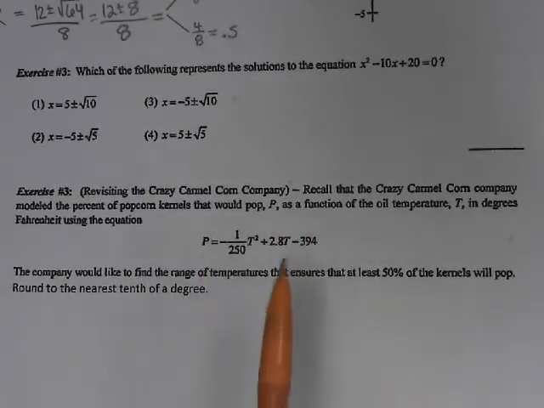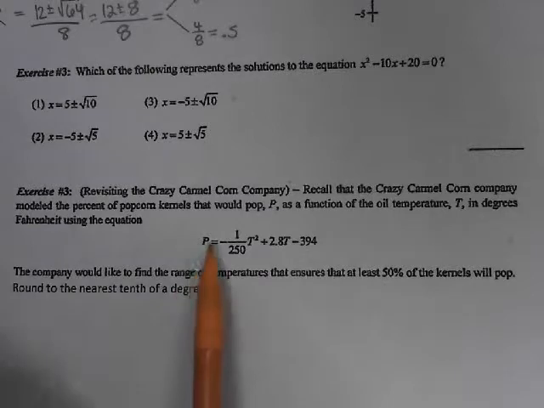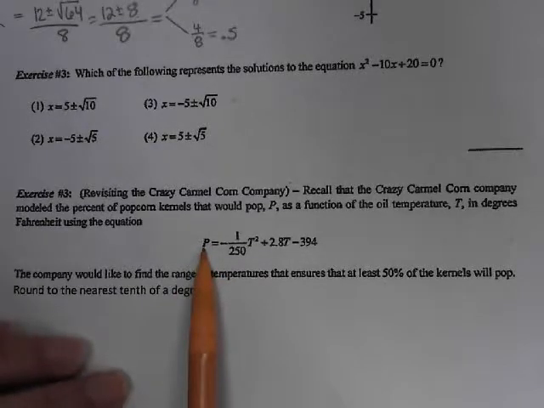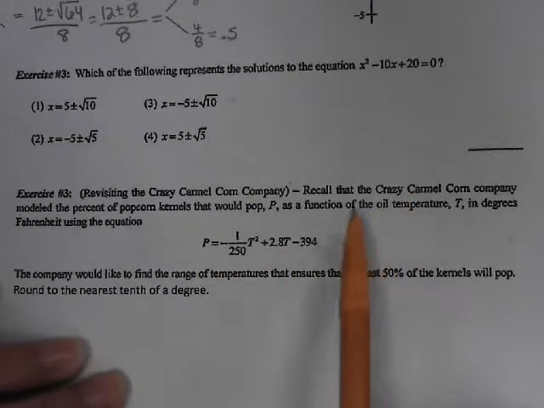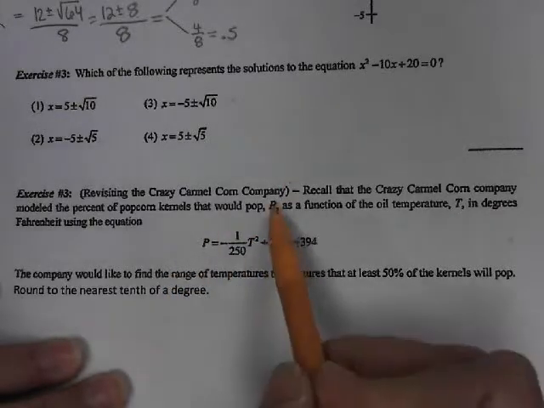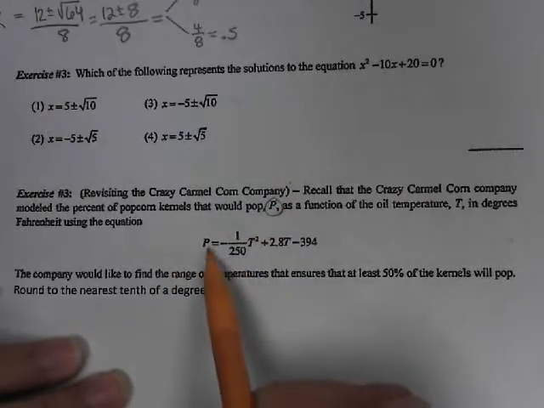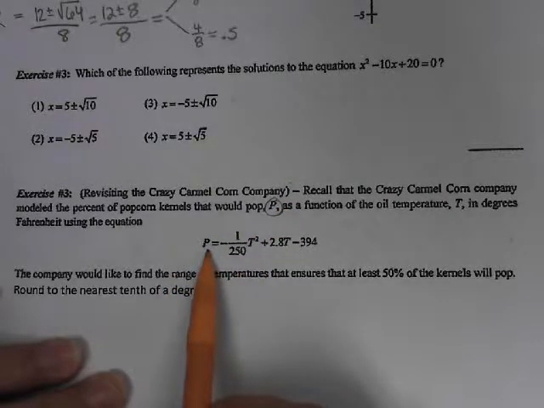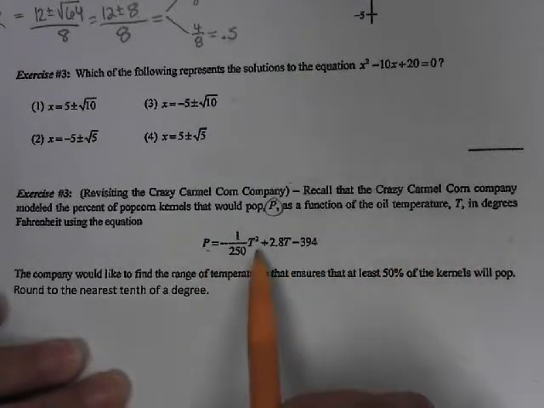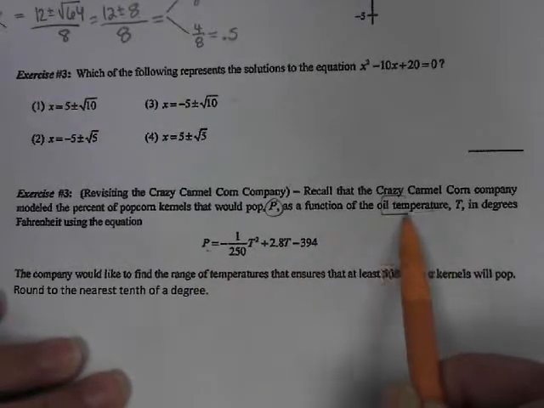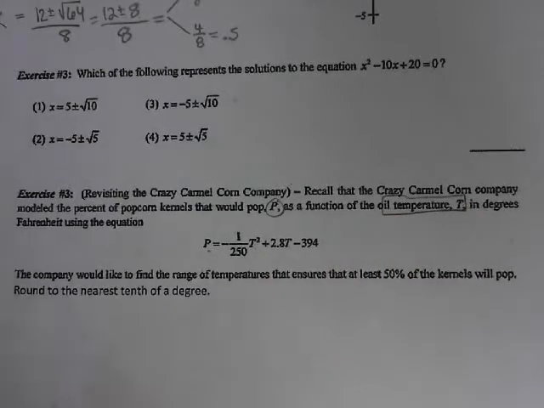So we're given an equation that actually has meaning to it. P is the percentage of popcorn that gets popped as a function of T, the oil temperature. It says that we're revisiting another problem, but it's actually the first time we've seen this.